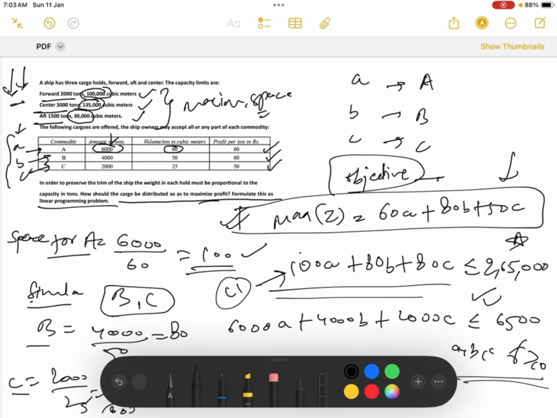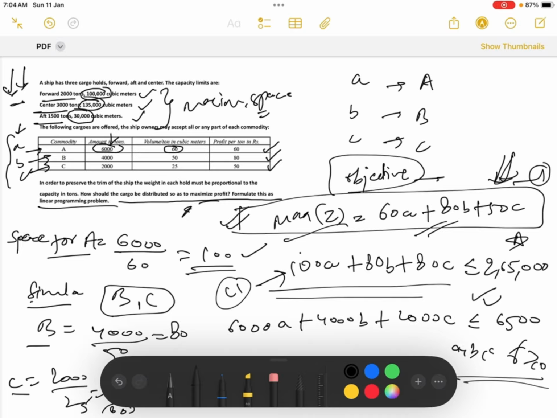In this question also, let me conclude that the objective was to maximize profit. What we first did is took the objective, maximizing profit, so this was our first equation. Don't focus on solving, in further videos I will explain how to solve these LPPs. Right now the first step is to formulate, so let's focus on that only.